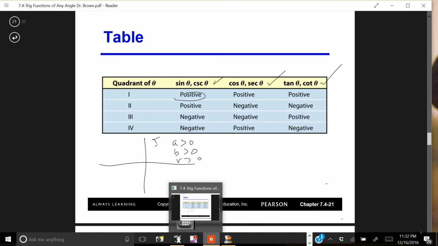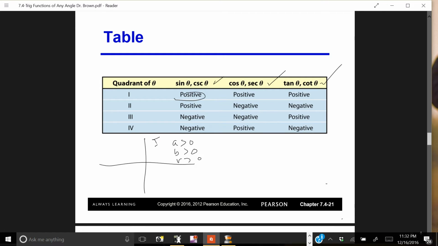Notice that in quadrant 2, we have a is less than 0, b is positive still, and r is more than 0.